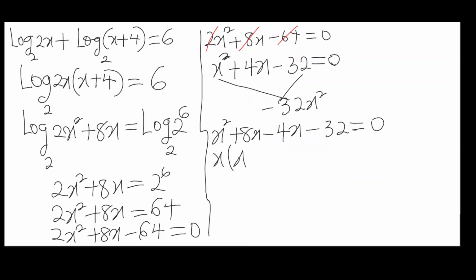So we have x in 8x now. So x is only going to divide x. We are going to be left with 8. So we have plus 8. Then I will move to the other two, that is negative 4x and negative 32. Negative 4 is common here, so I'm going to be writing negative 4 out.